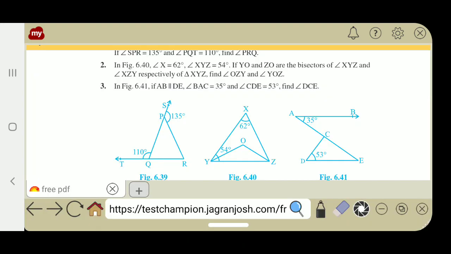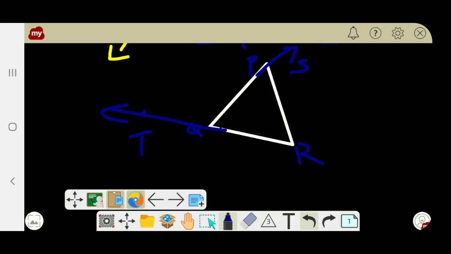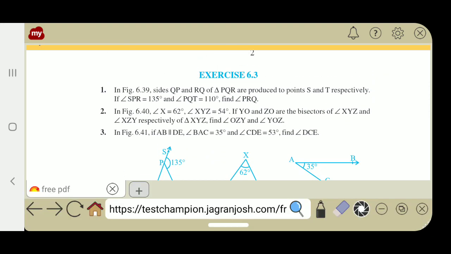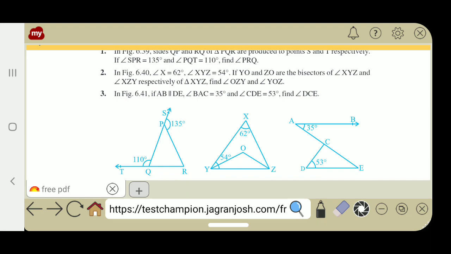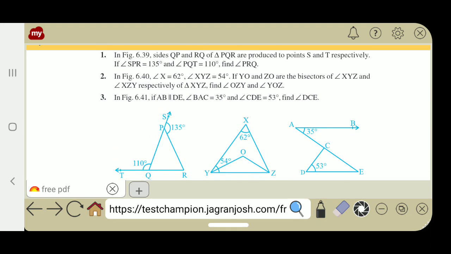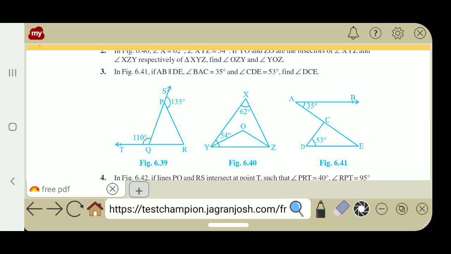This angle is 110, then that angle is 135. Angle SPR equals 135 and angle PQT is 110. We have to find PRQ.